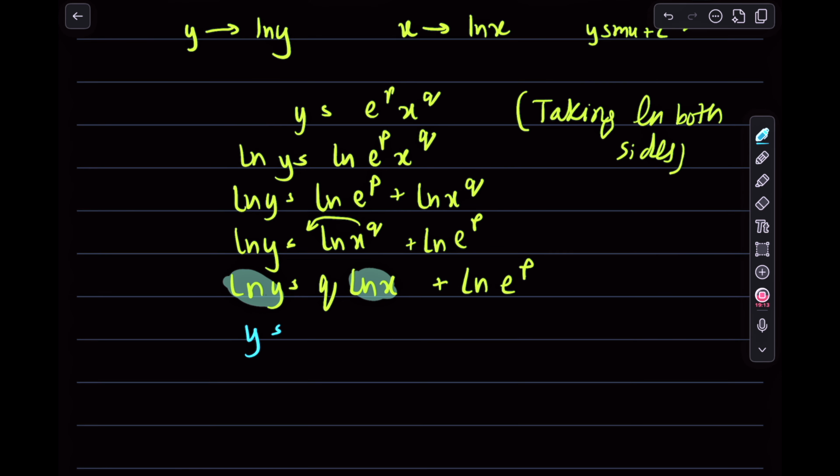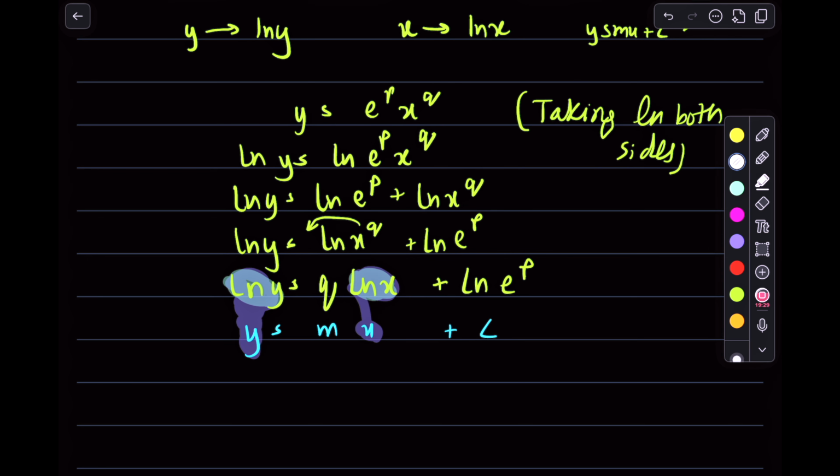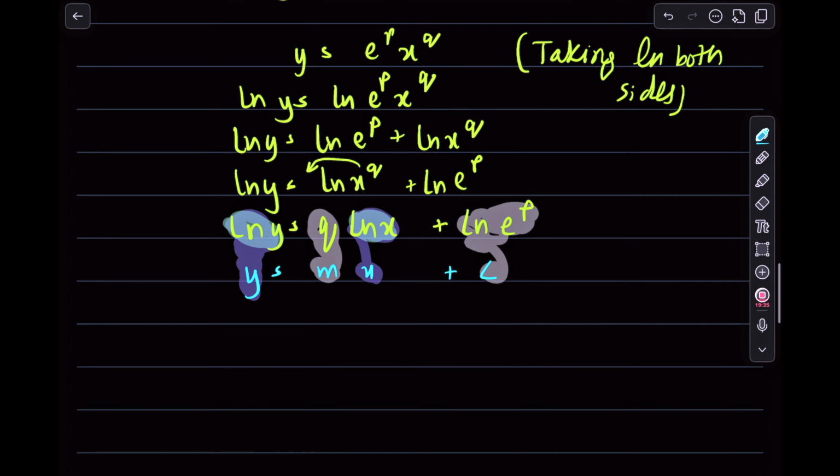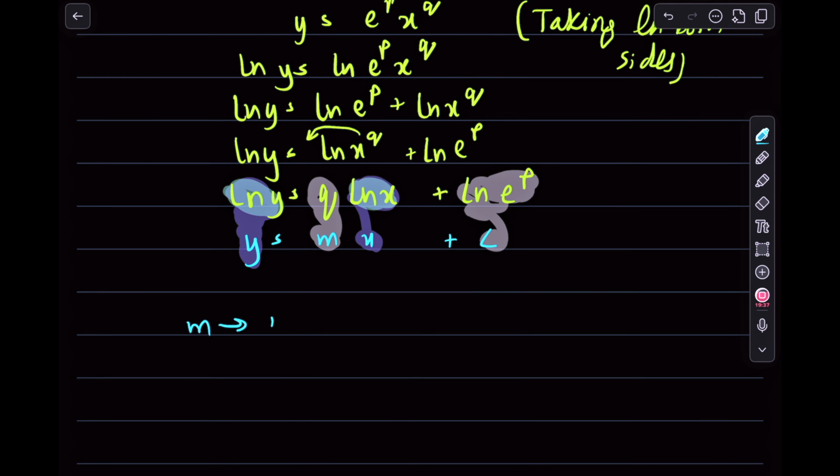Let's do that: mx plus c. So y becomes my ln y, my x becomes my ln x, and m becomes my q, and my c becomes ln e to the power of p. So my m, or my gradient, is basically q, and my y-intercept is ln e to the power of p.